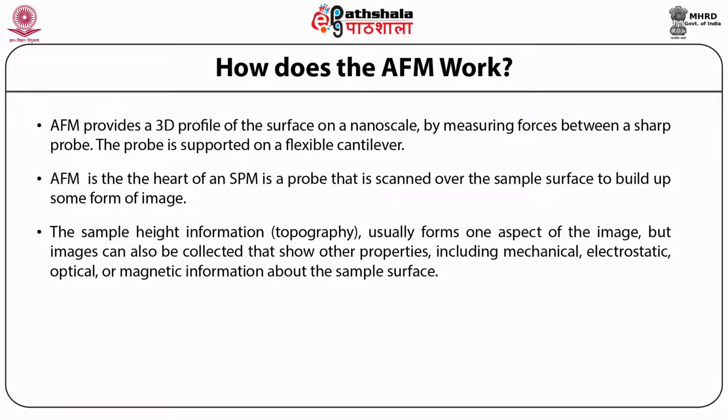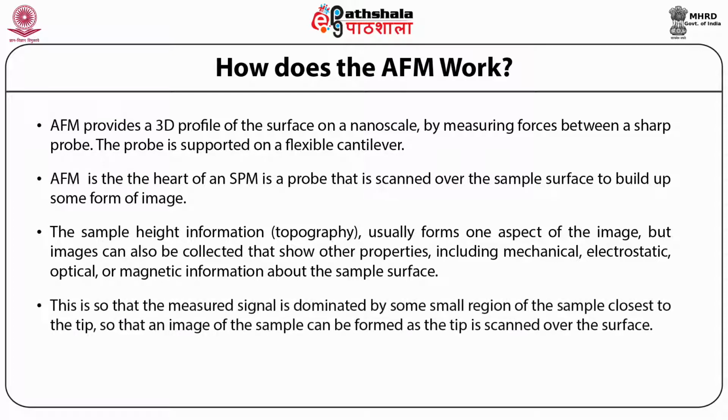Different probes and measurement systems are often used for different properties, but one requirement is that the interaction between the probe and sample is localized in some way, so that the measured signal is dominated by some small region of the sample closest to the tip, and an image of the sample can be formed as the tip is scanned over the surface.